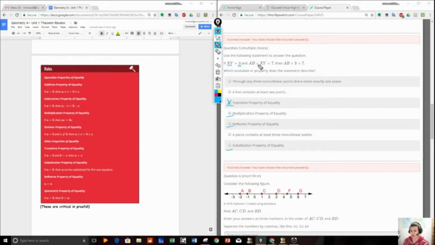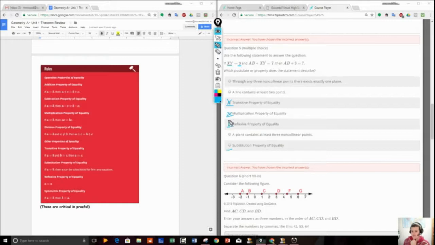Multiplication property, we're not multiplying anything, and so there's not a multiplication property. The reflexive property, so let's look back here, A equals A. So is there anywhere it states 3 equals 3 or xy equals xy?